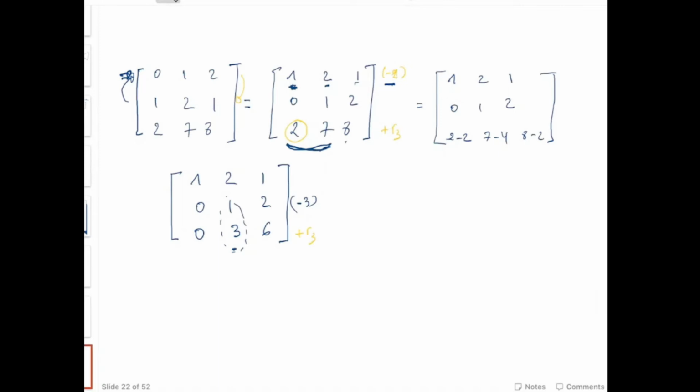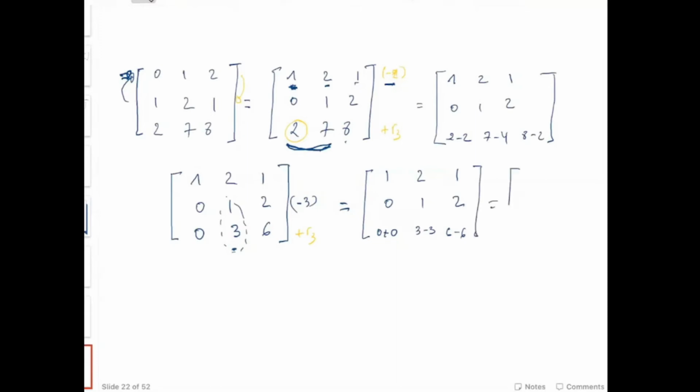The result, if you follow in the PDF, you will see the same steps, is 1, 2, 1, 0, 1, 2, and the last row will be 0 plus 0, 3 minus 3, and 6 minus 6.